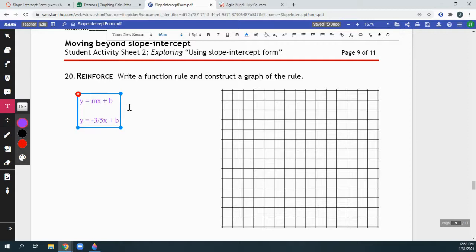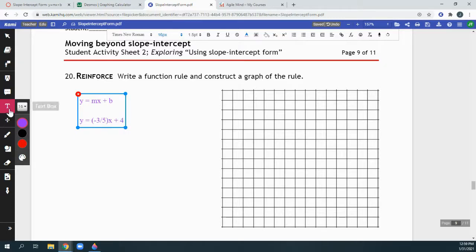I will say it's nice to put parentheses around this because then it doesn't look like you've got a 5 and an x on the bottom of the fraction. It's a very common mistake people make, but no, we have -3/5 times x. You could also just type it, write it in. All right, I forgot the b, that's going to be 4.